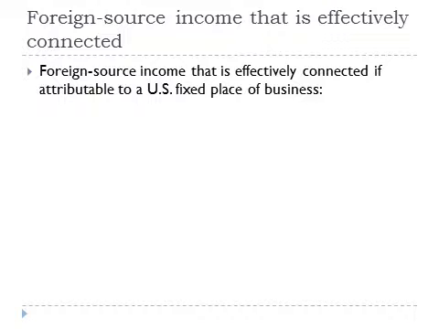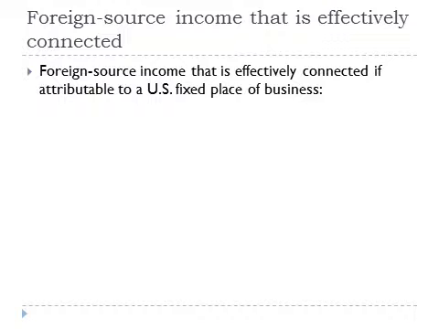Under this rule, what would otherwise be foreign source income is effectively connected if the income is attributable to U.S. business activities carried out through a U.S. office or other fixed place of business.